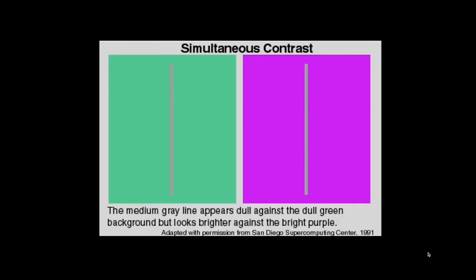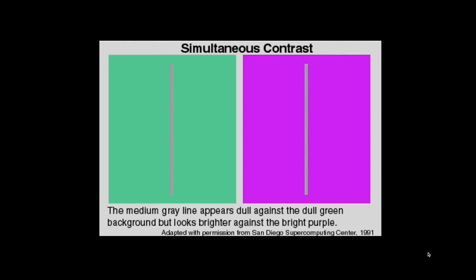Okay, this is another kind of important part that color plays into. When looking at color, the color around it really helps determine what the viewer can see. If you notice, both of these bars in these boxes are actually gray.